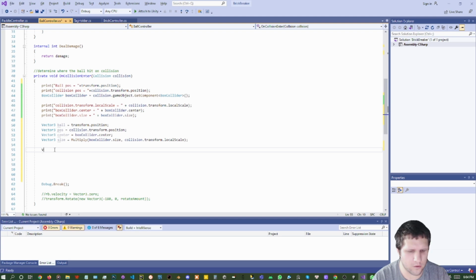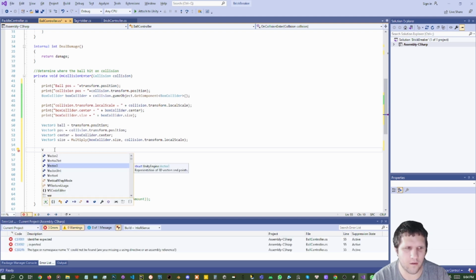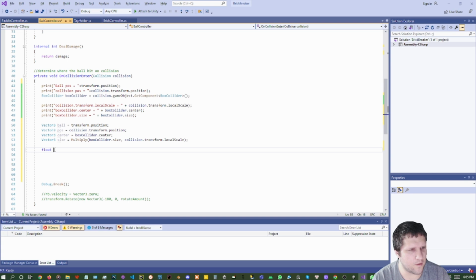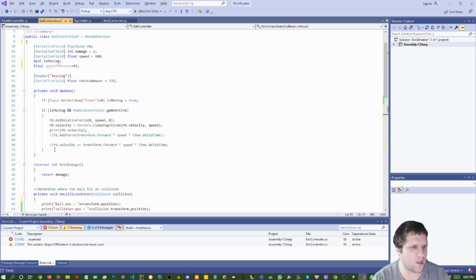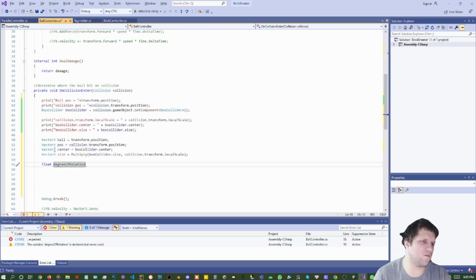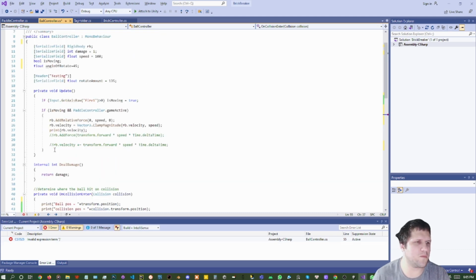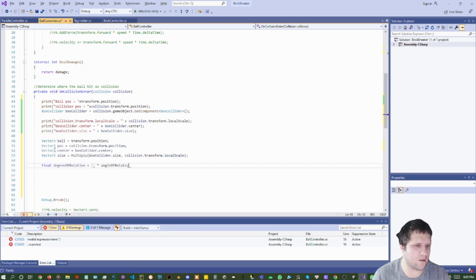Now to get the float degree of rotation, it is going to be equal to everything times the angle of rotate.